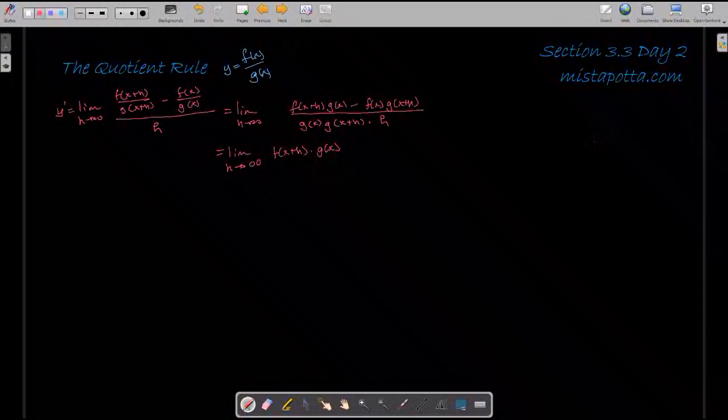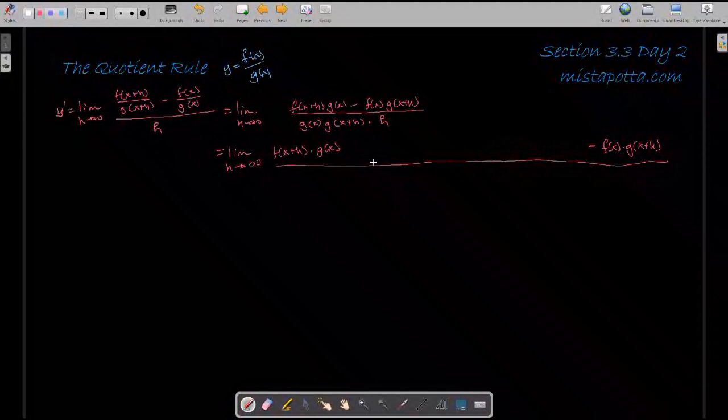And then over here, I'm going to have minus f of x times g of x plus h. And this is all over my large common denominator, g of x plus h times h.